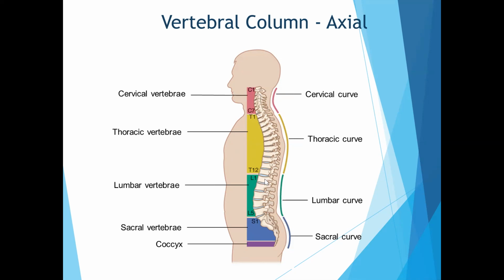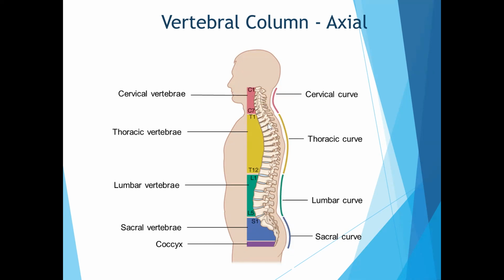Your lumbar spine has 5 vertebrae, L1 through L5. And then your sacrum has 4 vertebrae, S1 through S4. And they're not really referred to by those designations as much because they're really fused. So the sacrum functions kind of as one piece compared to the rest of the spine that has individual segments.